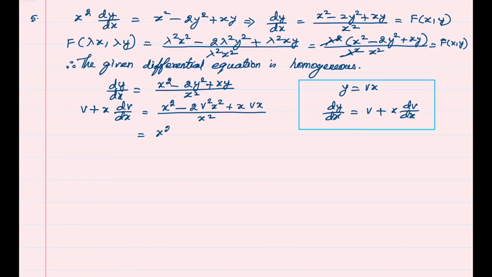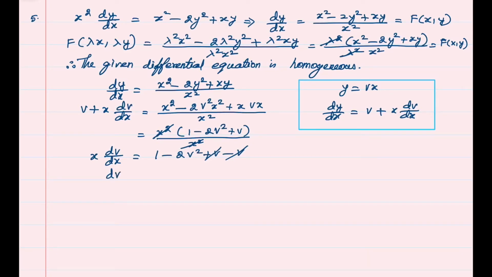X square is common. Let us take this left hand side v to the other side. They get cancelled.